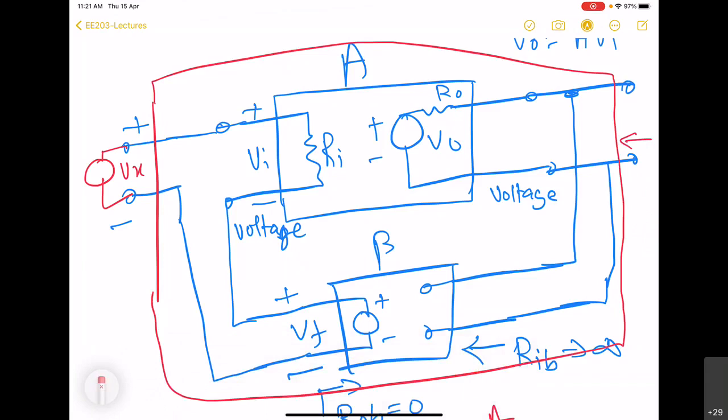Here, this is the circuit for which we have to find out input impedance. So first we will try to write a relation between this Vx and voltages on the input side. We see that this Vx is equal to the sum of Vi and Vf.